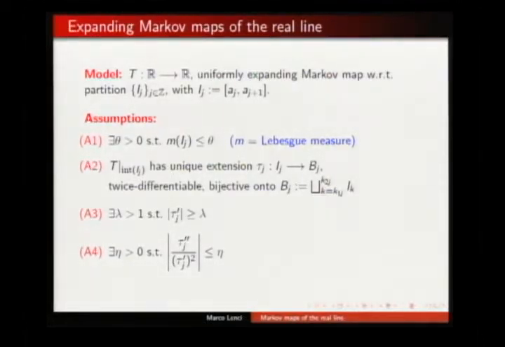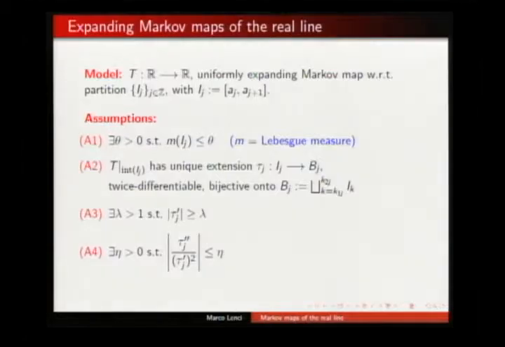So you have a partition of R into intervals, and on each of these intervals, your map maps the interval into a union of adjacent intervals in a twice differentiable way, and the differentiability should go up to the boundary, so you have to have an extension which is differentiable up to the boundary.